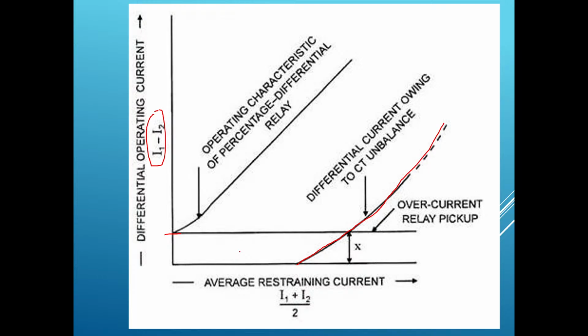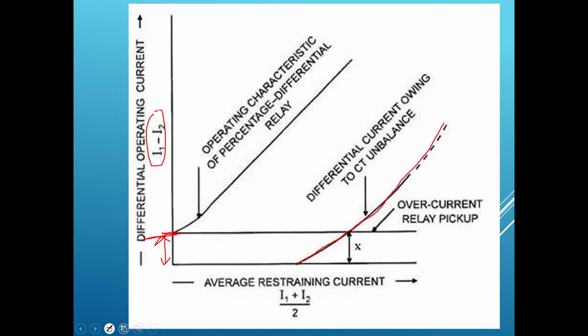Under such condition, the relay should not operate below this limit. If the difference of I1 and I2 is less than this limit, then the relay should not operate. Beyond it, it has to operate.